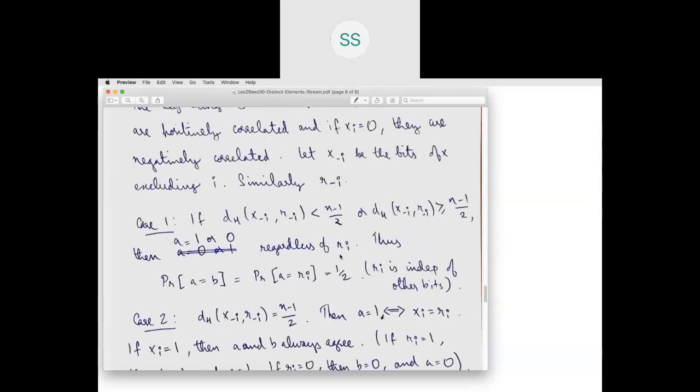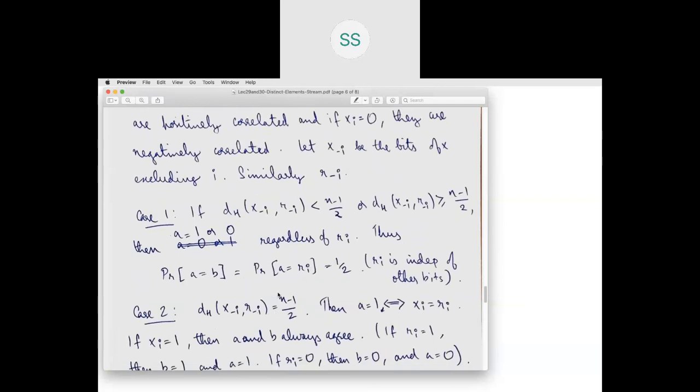A is 0 or 1 based on whether the Hamming distance between x and r is high or low, right? And now everything else computes to exactly half. Now the value of A depends only on whether xi is equal to ri or not, right? So if xi equal to ri, then this does not contribute to the Hamming distance, hence A is equal to 1. And if xi not equal to ri, then A is equal to 0.